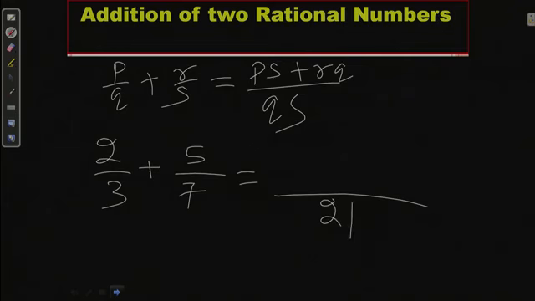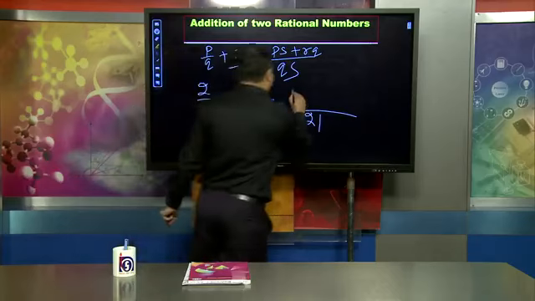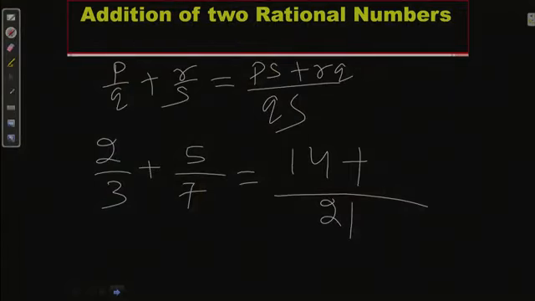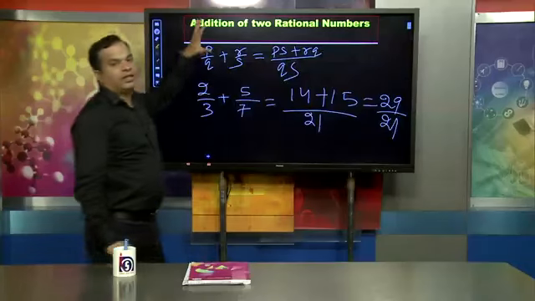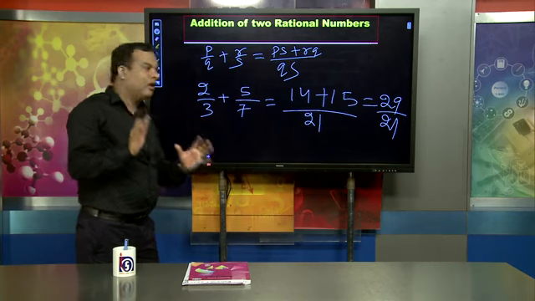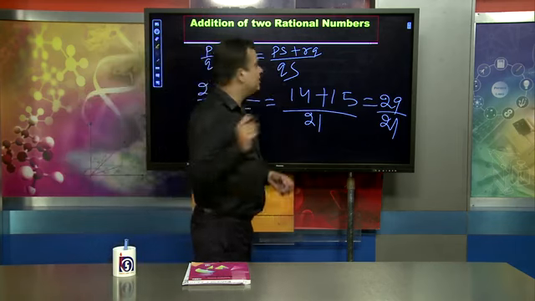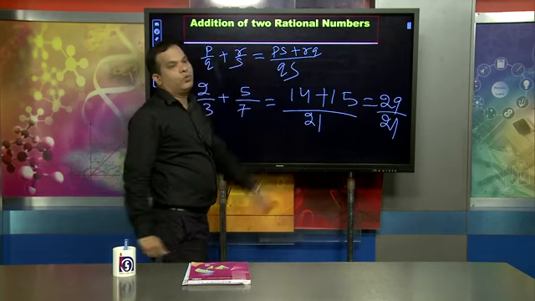When 21 is divided by 3, you get 7, which is multiplied with 2, that is 14. Plus, 21 divided by 7 gives 3, which is multiplied with 5, that is 15. So the answer is 29 by 21. That means when the denominators are different between two rational numbers, we add them by taking their LCM. This is the addition of two rational numbers.